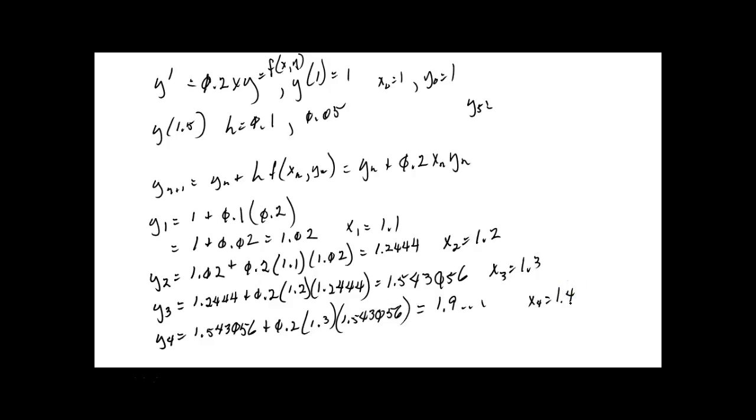So Y5 is equal to 1.9 plus 0.2 times 1.4 times 1.9, whatever you have there in your memory.